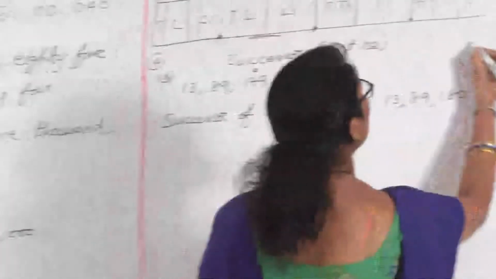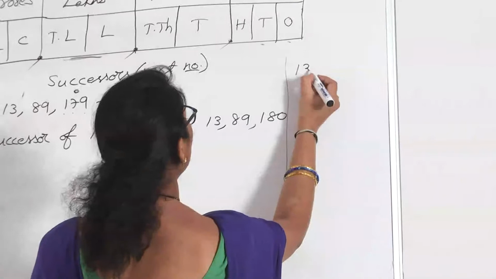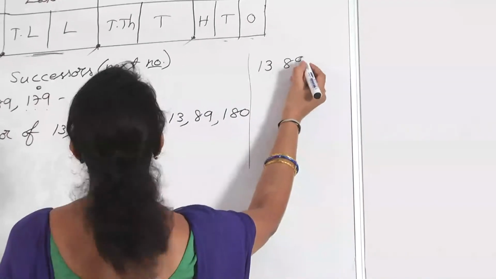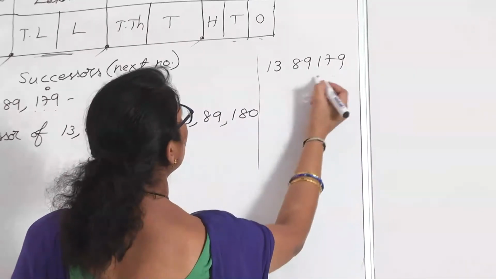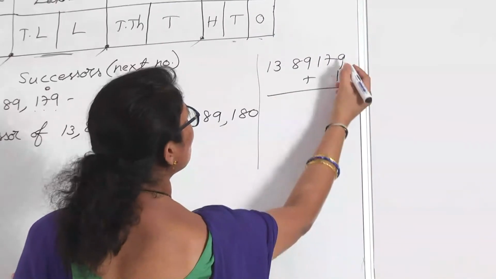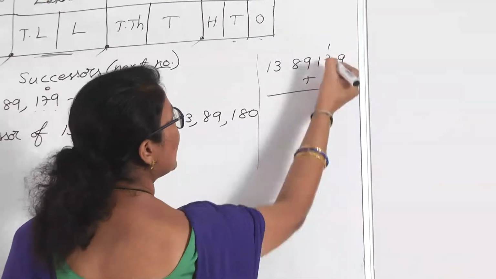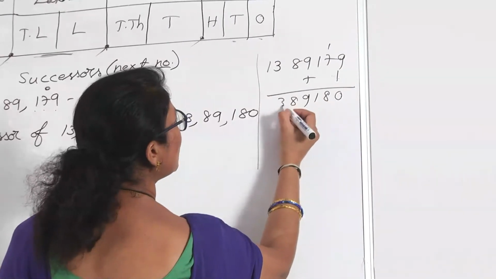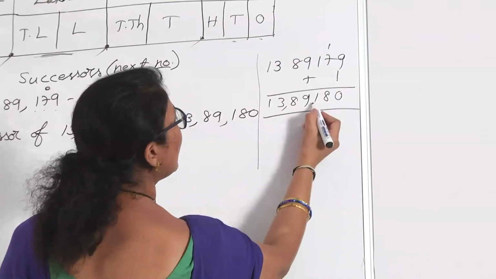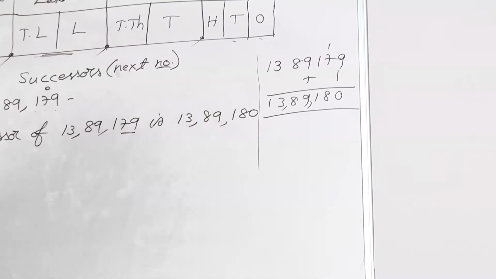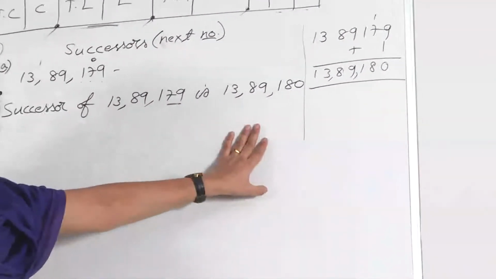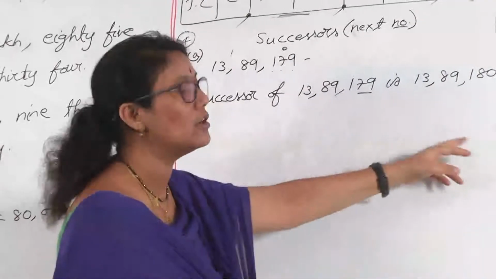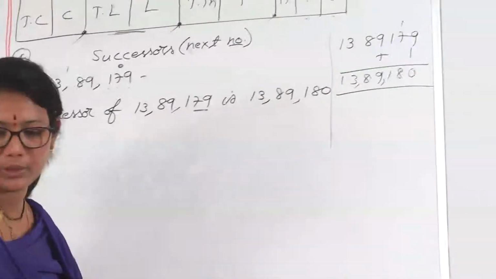In rough you can do it as adding 1 to the given number to find the successor. So, 9 plus 1 is 10. So, it is 8, 1, 9, 8, 3 and 1. So, simply it is 13,89,180, either taking directly or adding 1 to the given number.